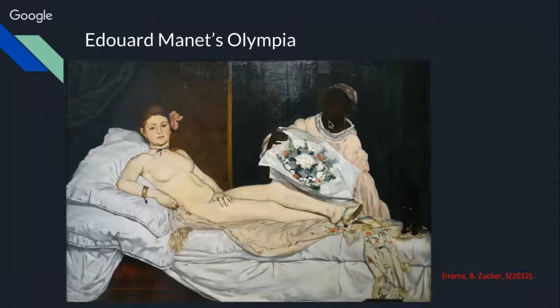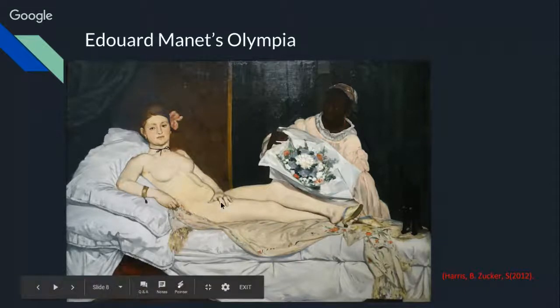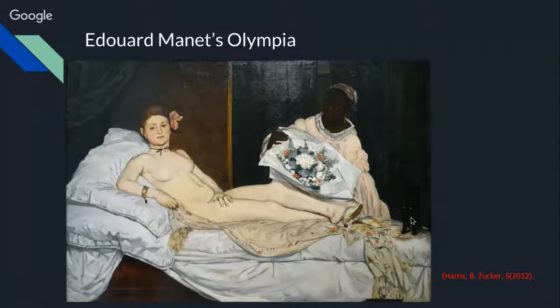And so this woman is graciously showing her the flowers that she has received from one of her clients as a gift for the pleasure that she has given to her clients. And so in this illustration, it's such an illusion, and here we see Olympia is looking directly at us.